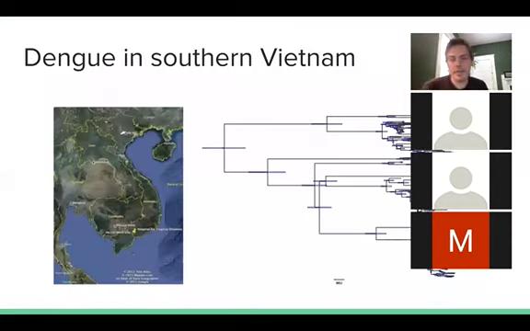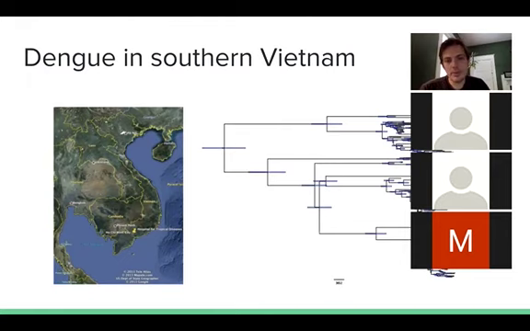So just to give you an example, and I know we've already discussed this in this class before, but when we discussed it the first time, we hadn't really developed the theory for how these structured coalescent models for SIR models really work. So I'd like to revisit it now.